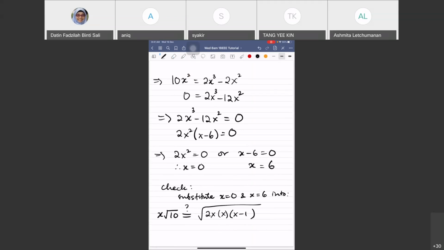This one is much easier. Okay, so which one do you think is the solution? Which one do you think is the solution? Can you quickly check using your calculator?